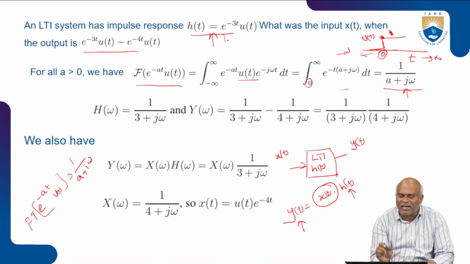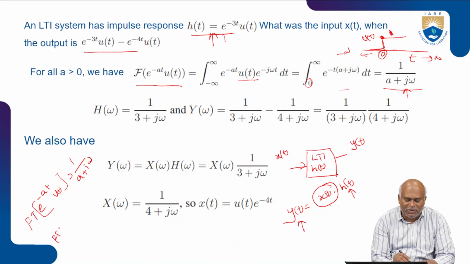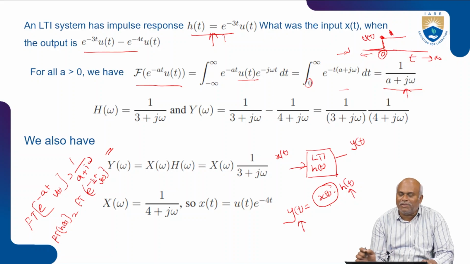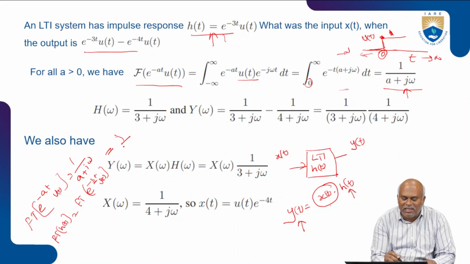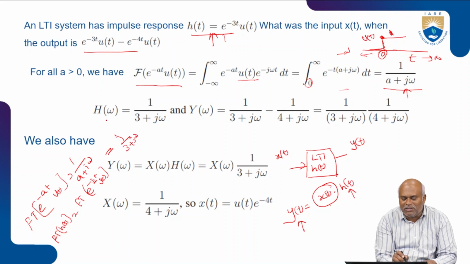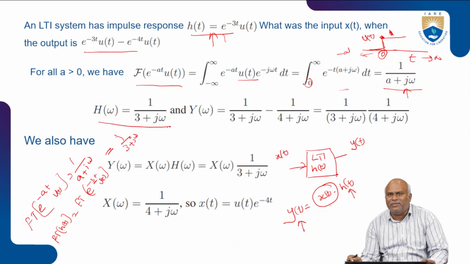The Fourier transform of h of t is equal to the Fourier transform of e power minus 3t u of t. Here a is 3, so that is 1 by 3 plus j omega. So I write H of omega equal to 1 by 3 plus j omega.